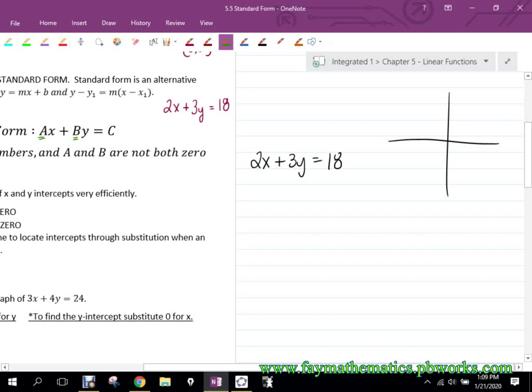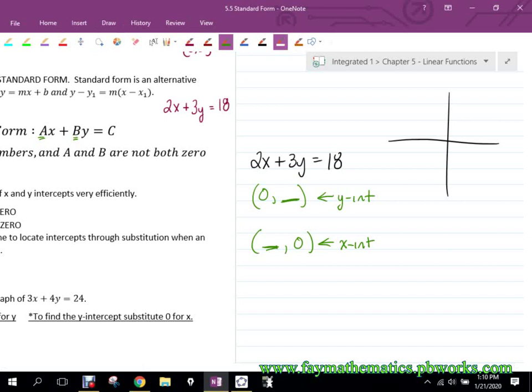So here's how we do this. You're going to let x be 0 and try to figure out what is the y value that goes with it. Then you're going to let y be 0 and solve to see what is the x that goes with it. This here would be your y-intercept because the x value is 0, right? This here would be your x-intercept because your y value is 0.